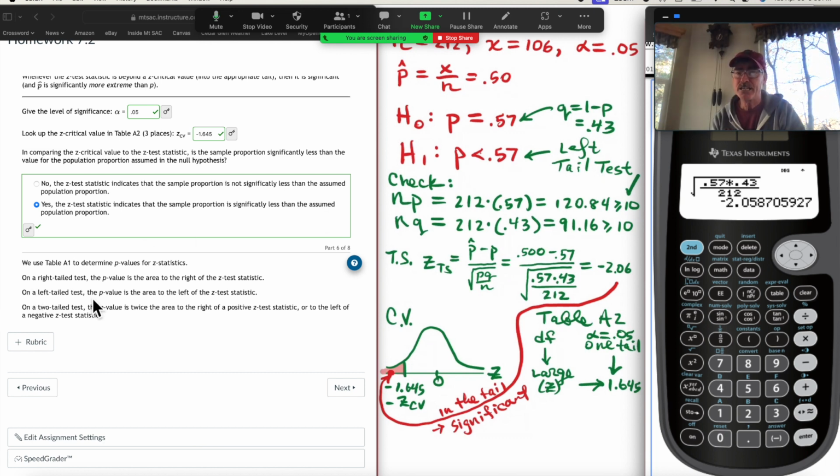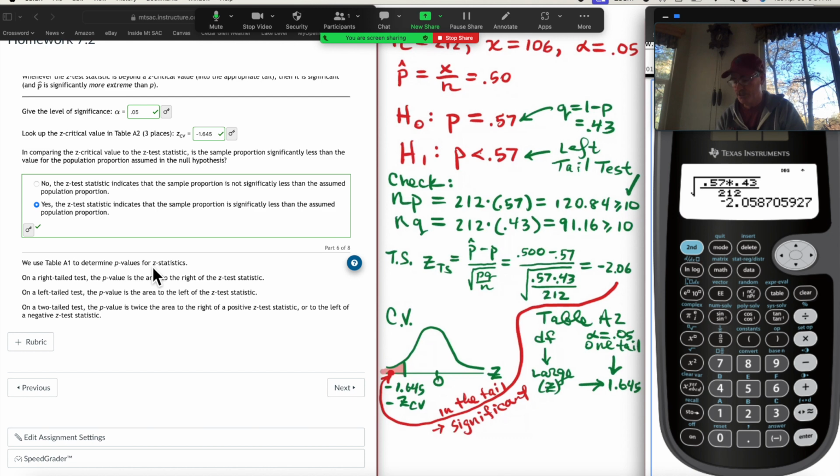So on a left-tailed test, the p-value is the area to the left of the z test statistic. And on a two-tailed test, the p-value is twice the area to the right of a positive test statistic or to the left of a negative test statistic, right? So we're doing a left-tailed test here, and we need the area to the left of our z test statistic.